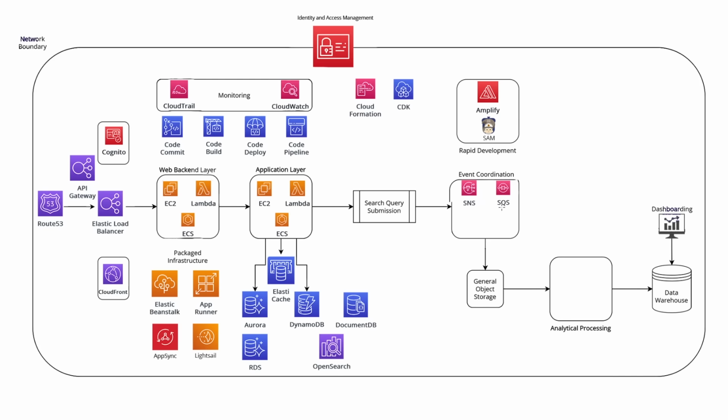SQS is effectively responsible for holding messages so that you can process them at a later time. You define queues, and queues can be connected to from many different types of compute infrastructure. You can connect your queue to a Lambda function, an EC2 machine, or an ECS task. Those pieces of infrastructure will poll your queue for new messages and then perform some type of action when they find new messages in the queue.